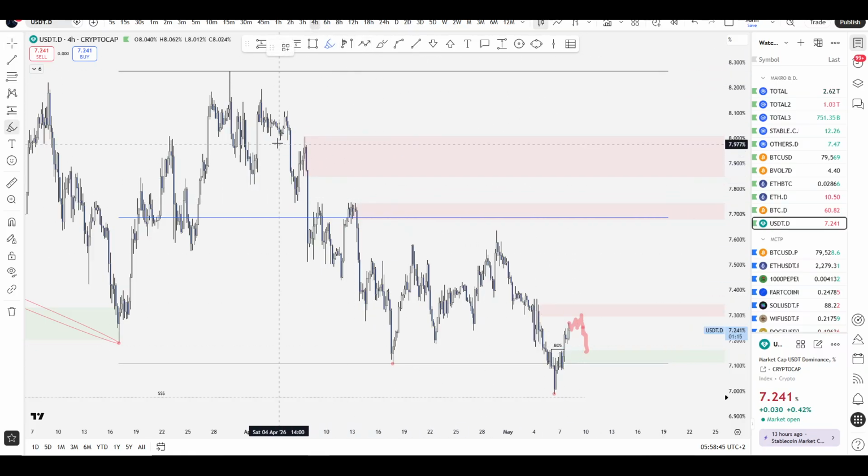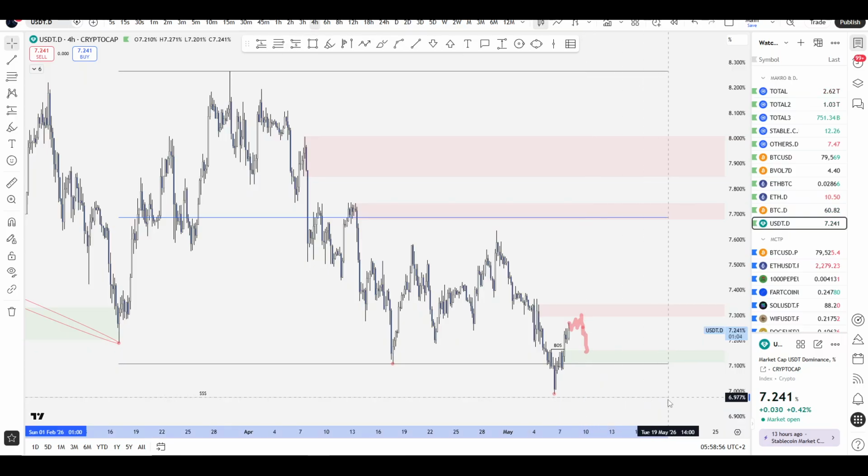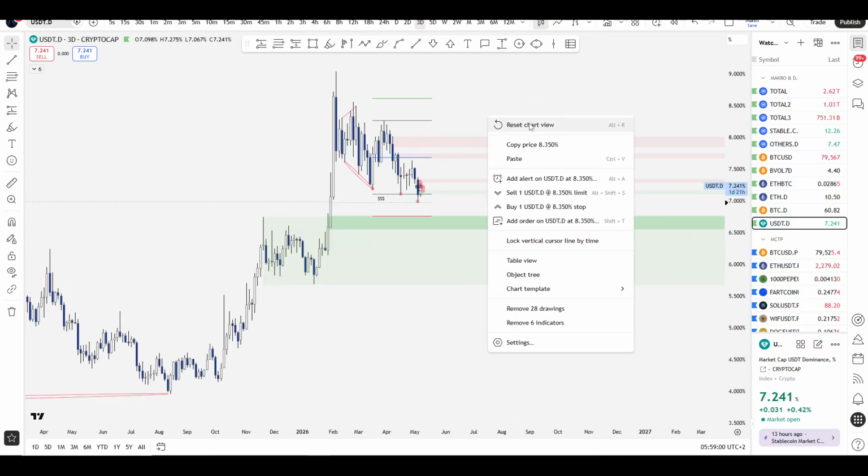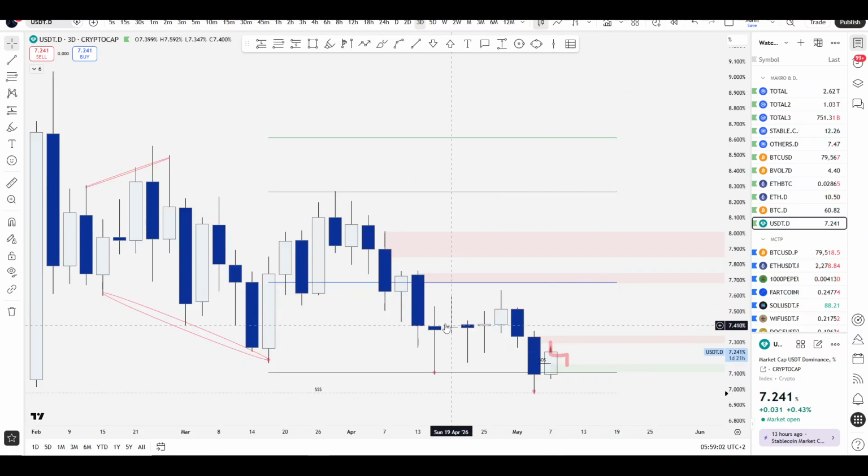As I said in the previous video, I have the liquidity down here and we front run it, so it can always go down once more, take it out, and then go up, because on a 3 day this is still only one move down. So we can go up, go down once more, and then go up.